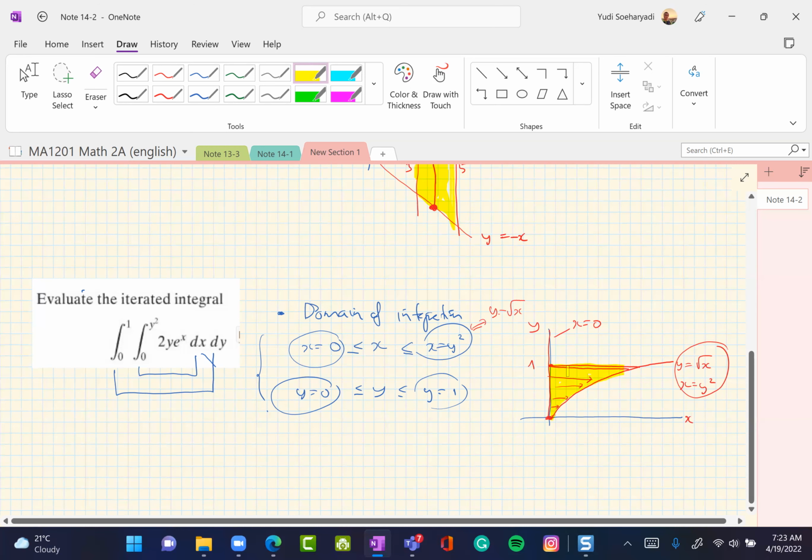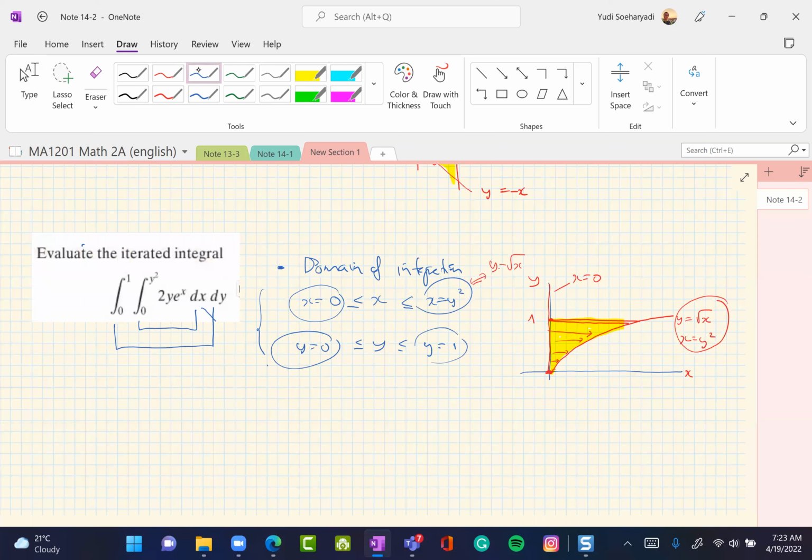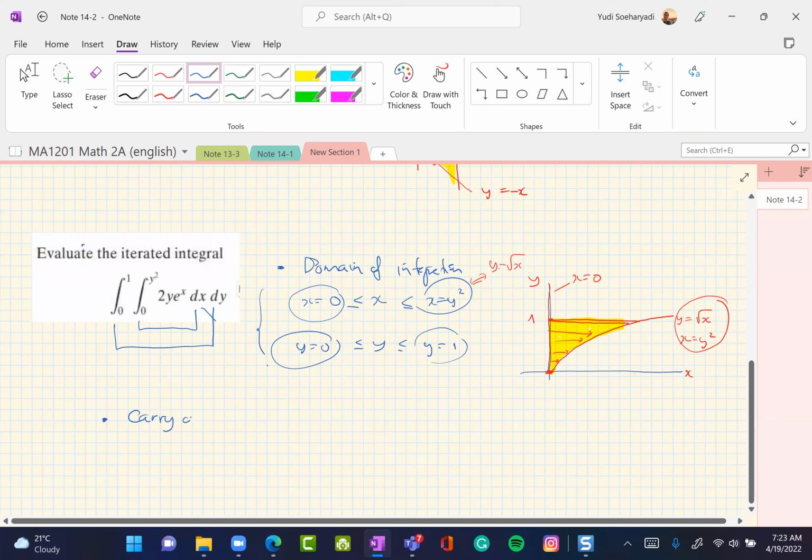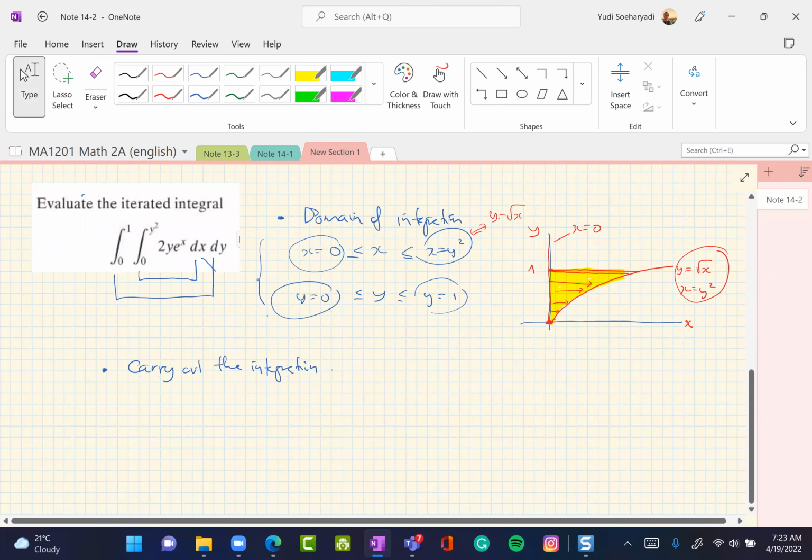Okay. All right. So then we carry out the integrations. Okay. So let's do the inside: 2y e to the x dx.